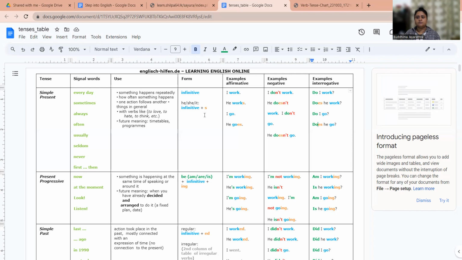But usually the simple present tense verb is formed with the subject and the infinitive, the base form of the verb, which we learned last week when we were learning about the verbs. And then for the third person singular, it's very important, to the infinitive, the base verb, you add an S. So let us learn how adding simply an S or ES or IES changes according to the verb that you use.